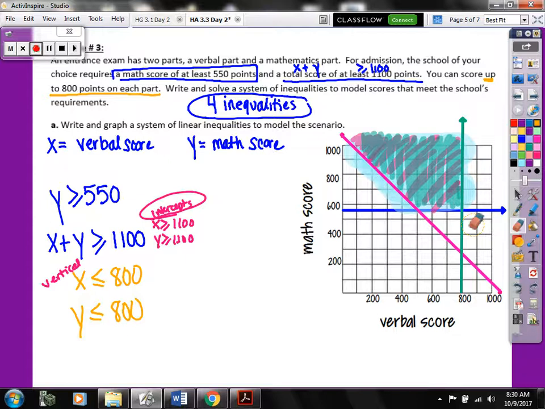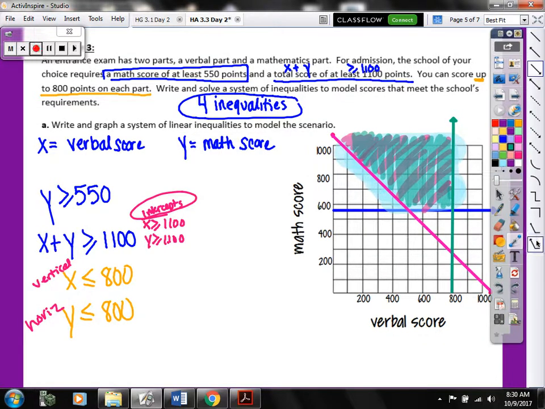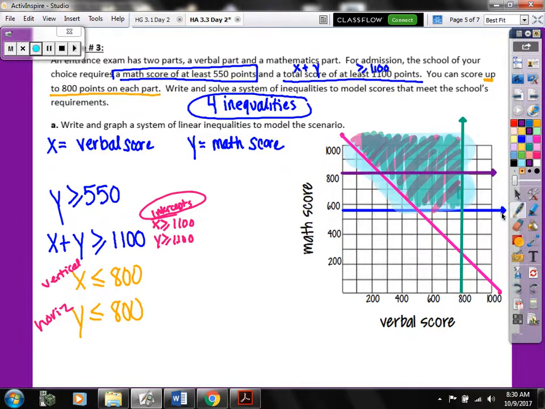And lastly, we'll do a horizontal line at 800. And we're shading also less than. So our final answer should be this shape right here.